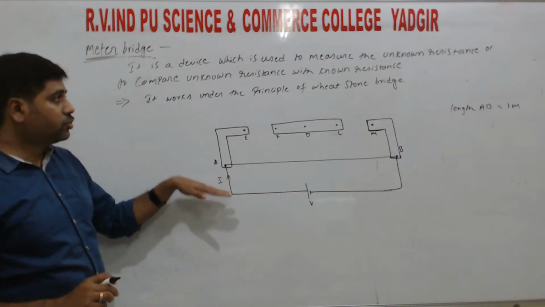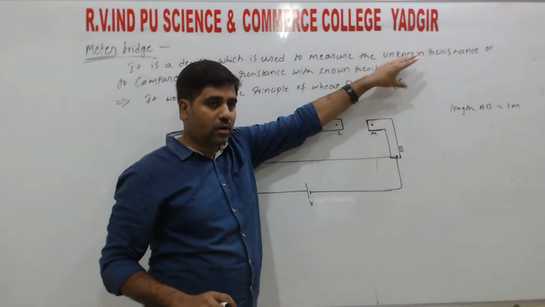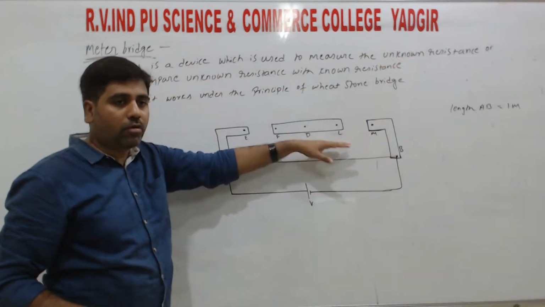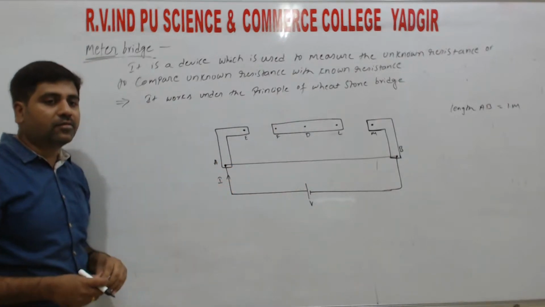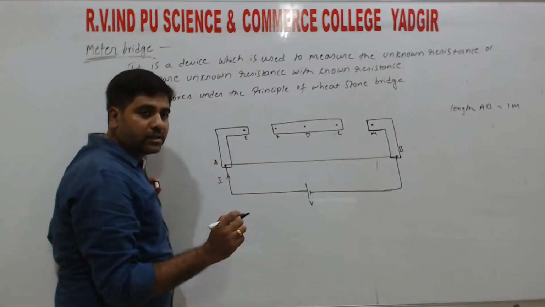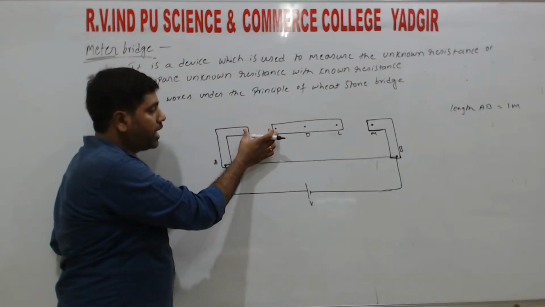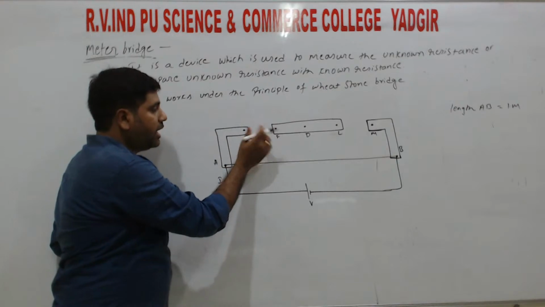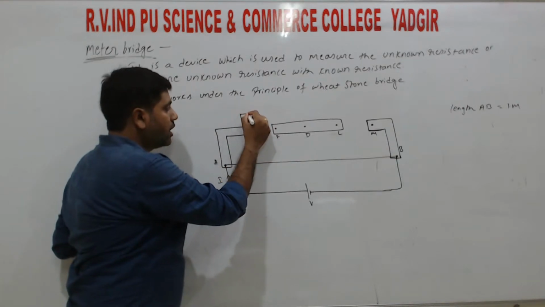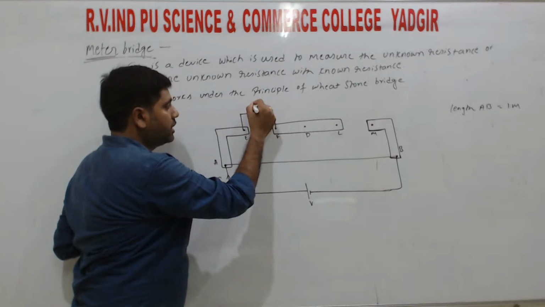Our aim is to measure the unknown resistance, right? So using the meter bridge we are going to find the unknown resistance. The unknown resistance which we are going to measure is connected between the two ends of the strip, that is, between E and F we are going to connect one unknown resistance which we are going to measure, right?